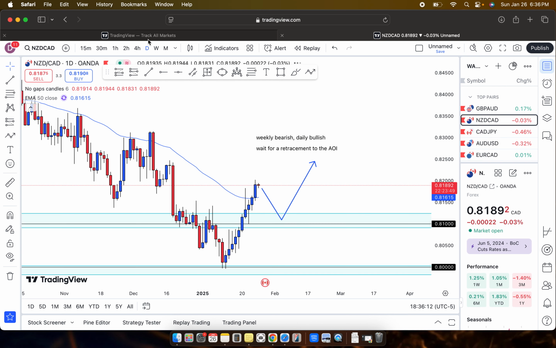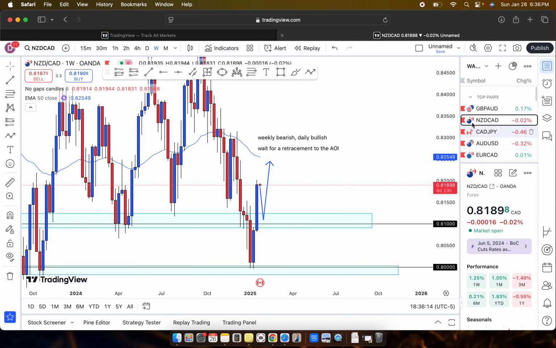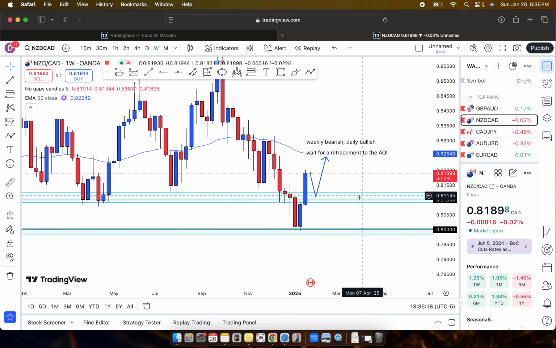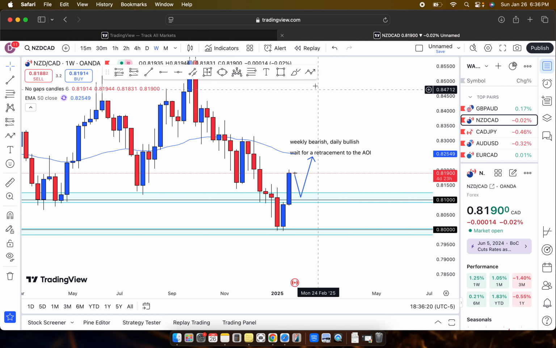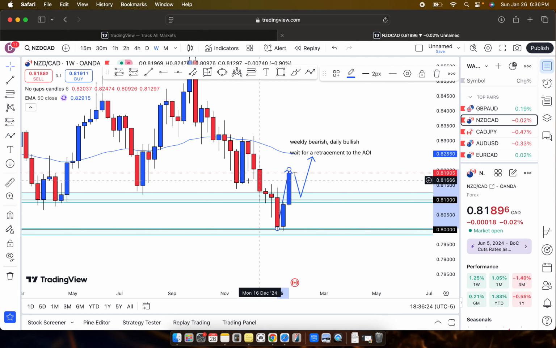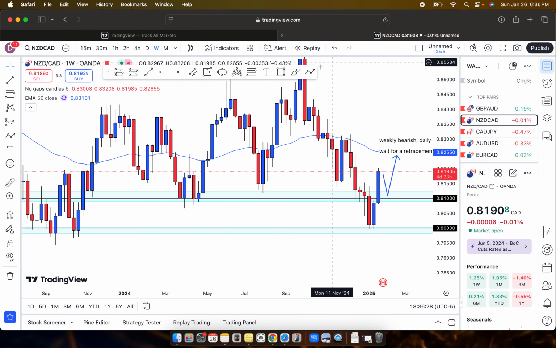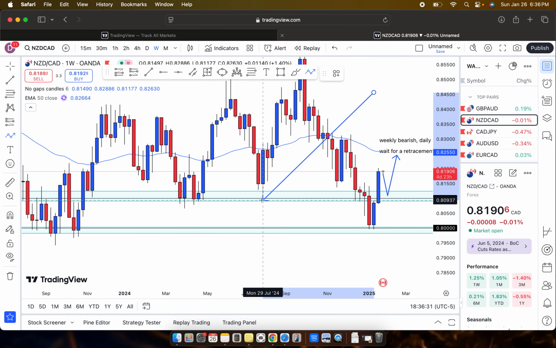Moving on to NZD CAD. NZD CAD is also at a strong level of support. In fact, it just broke above that strong level of support, right? As you can see, in the past the price has taken support in this area of interest.